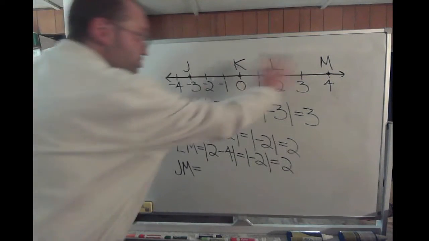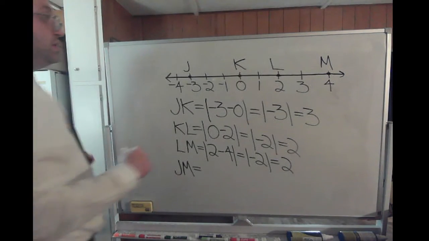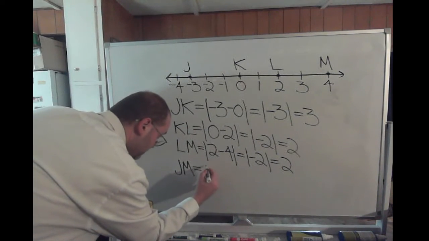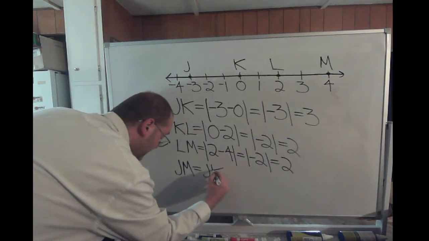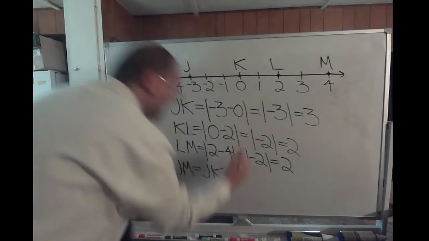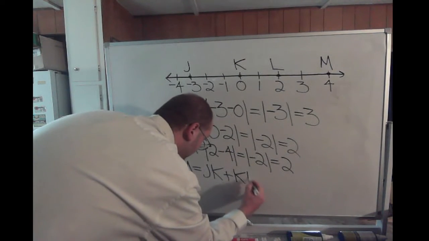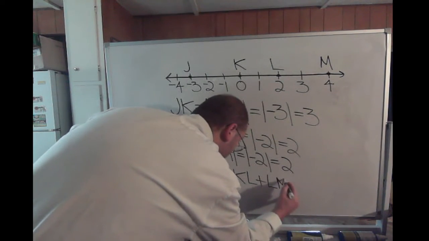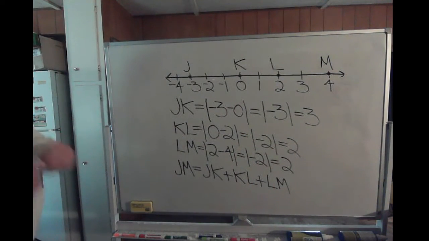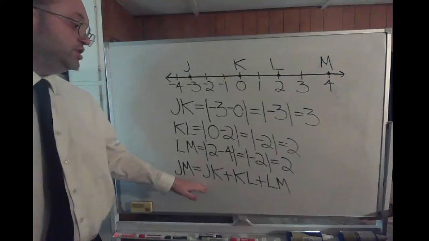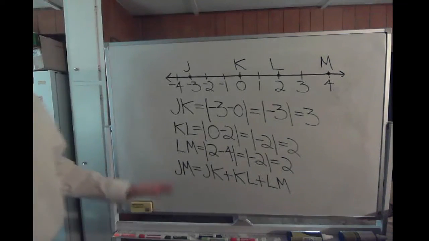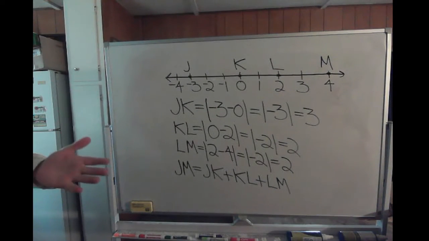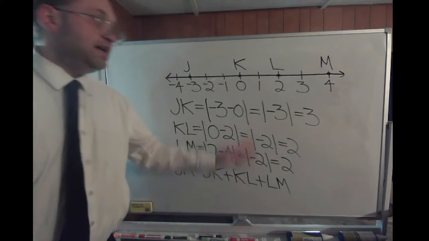To find the whole JM, we could take the sum of those 3 segments and put them together. So that's going to be the length of segment JK plus the length of segment KL plus the length of segment LM. So yes, if you're wondering, with the segment addition postulate, you can add more than 2 segments. As long as all those segments lie in between the start point and the end point, you could have infinite segments.